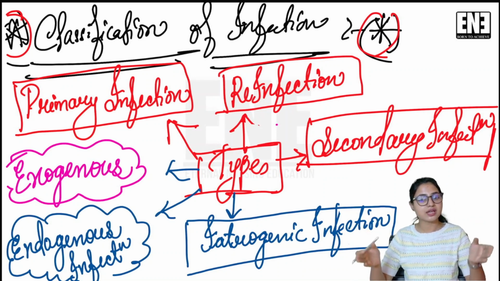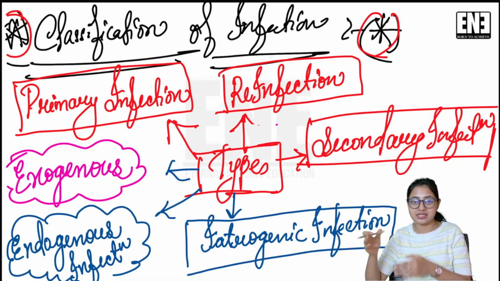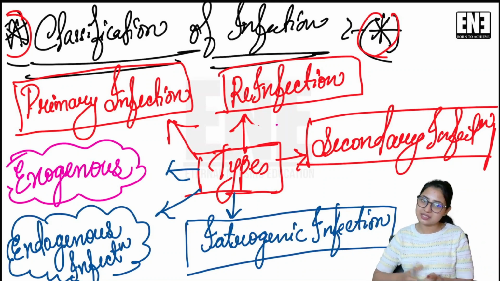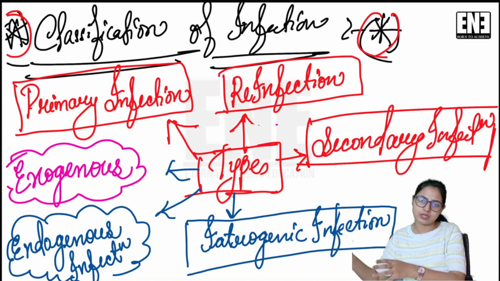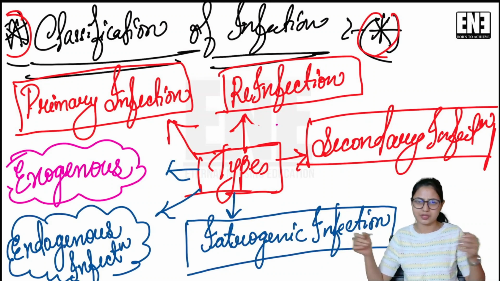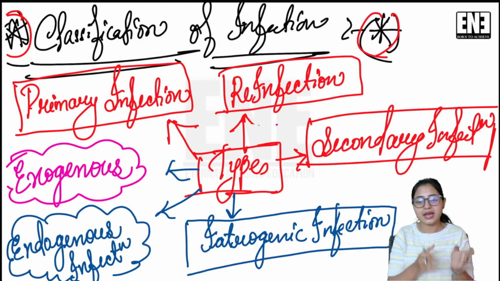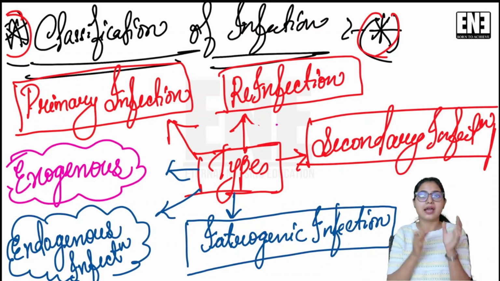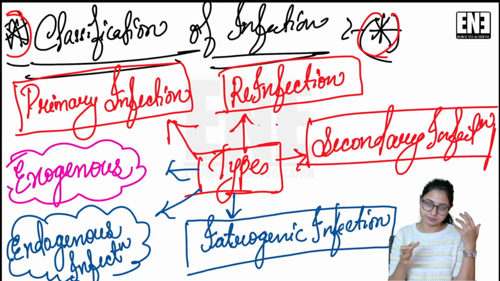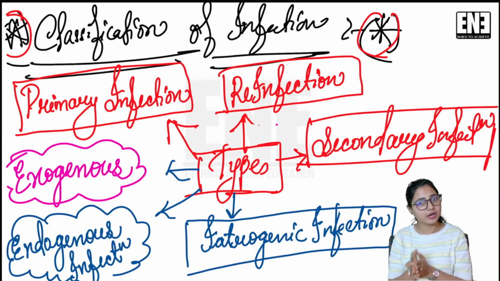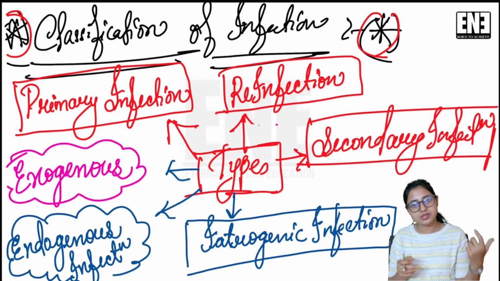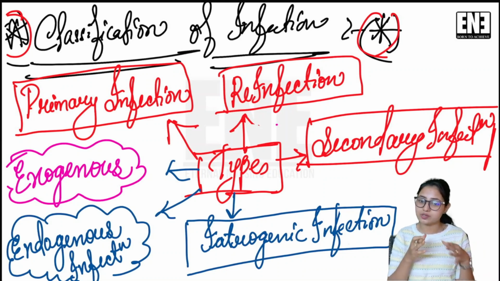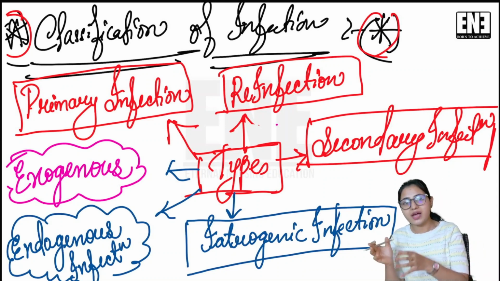Iatrogenic infection means the infection which is taking place in you during any diagnostic procedure or due to any therapeutic procedures undergoing right now in you, in hospital या फिर कहीं भी. ठीक है. And endogenous and exogenous: endogenous means the source is from inside your body. Okay, the infection which is originating due to some factors within you only.